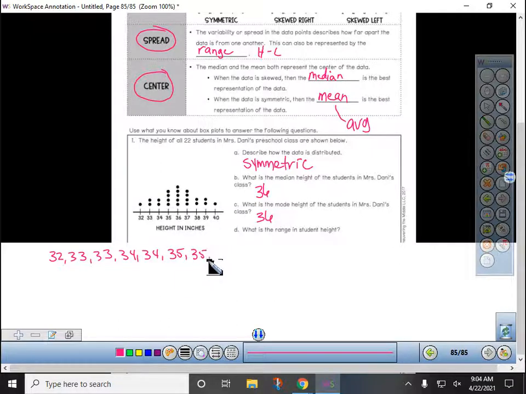So you see this would be a lot, right? Now do you see how 36 is the middle? And the mode? Because you would have 36 written 5 times. Good. What is the range in the student height? 8. Good. Turn the page.